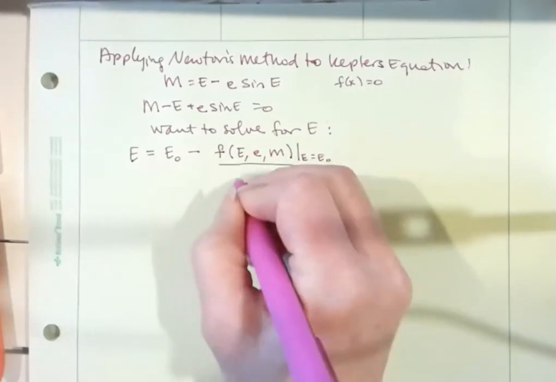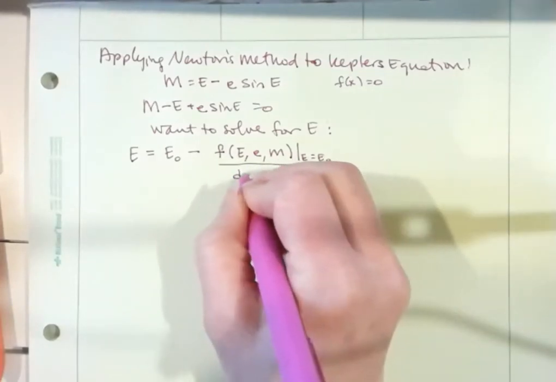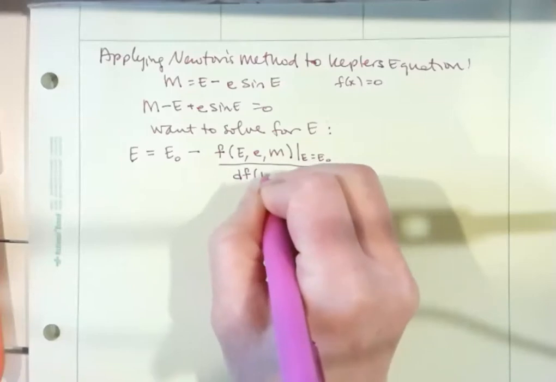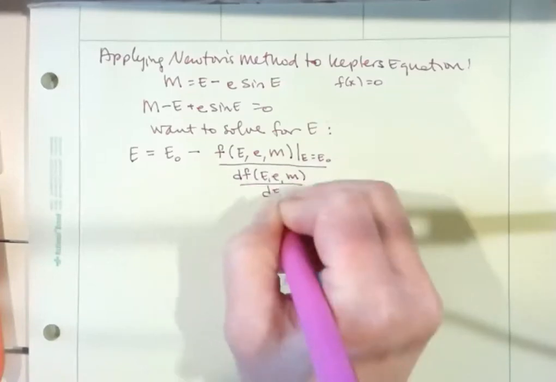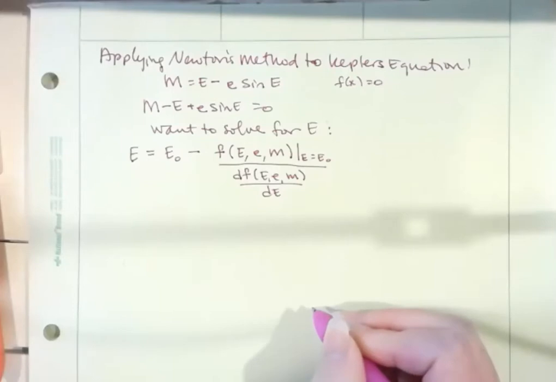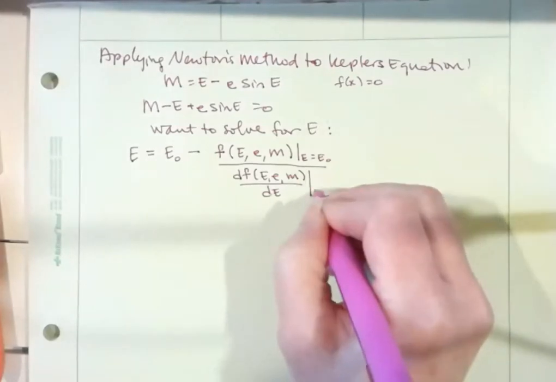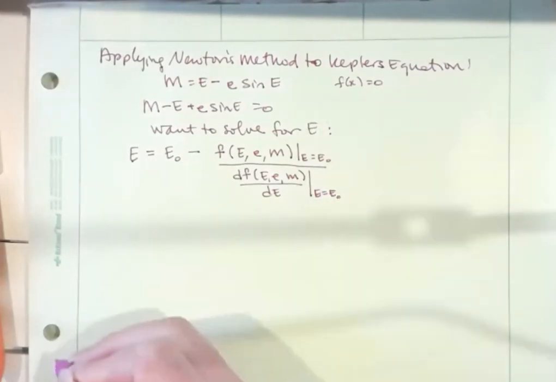That's going to be divided by the derivative of your function, and the derivative is taken with respect to the eccentric anomaly. And again, we're going to plug in E0.